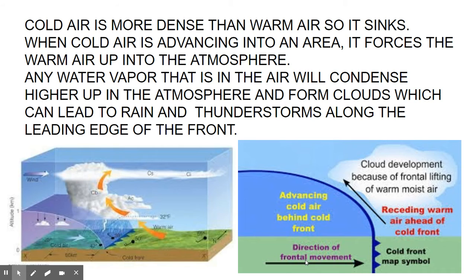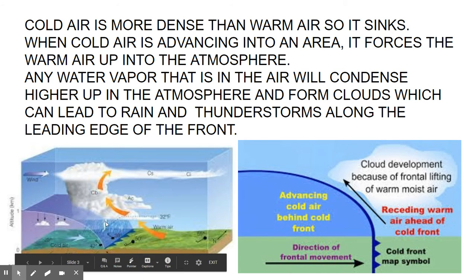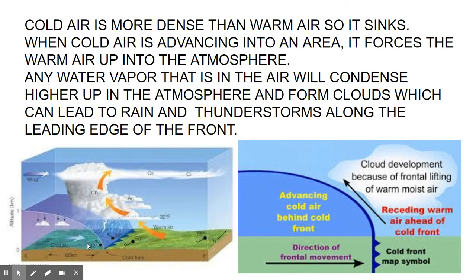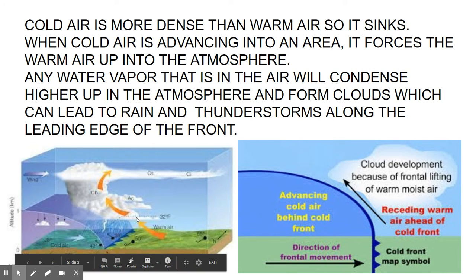And that warm air, whatever water vapor that warm air is carrying, when it gets forced up in the atmosphere to cooler temperatures, that water vapor then condenses into clouds and basically creates thunderstorms. So as you see in the picture down here, as the cold air is advancing into this area, it forces the warm air up, which creates this uplift of water vapor turning into clouds, which creates thunderstorms.